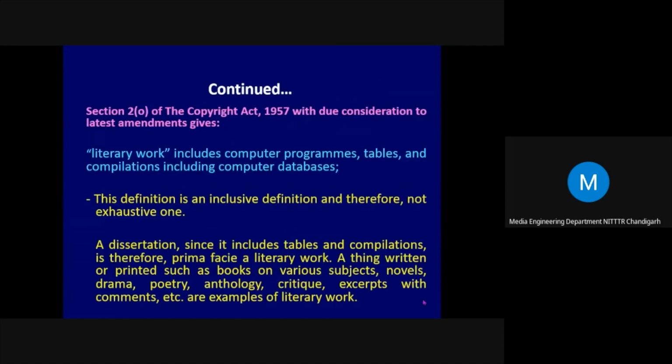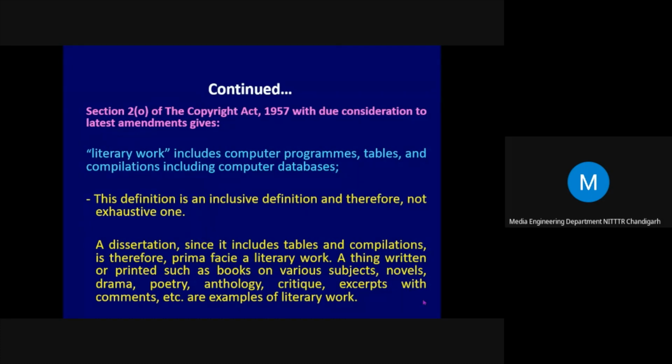That's it. What does Section 2(o) of the Copyright Act 1957, with due consideration to the latest amendment, give? Literary work includes computer programs, tables, and compilations, including computer databases. So no doubt, your algorithm may not be covered under patents, but your algorithms can be protected under copyrights.